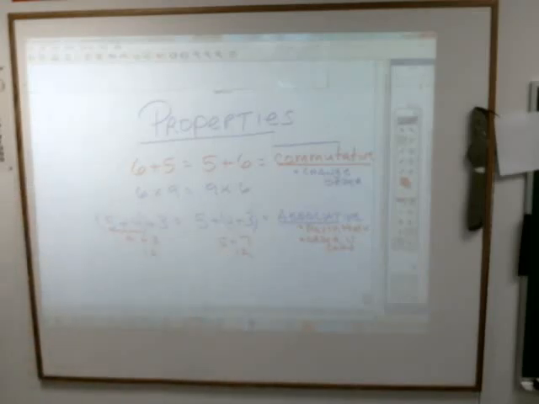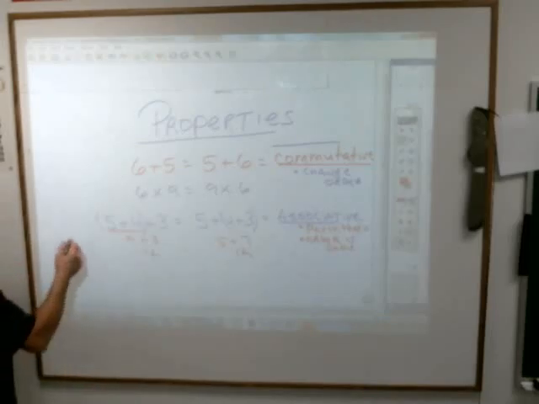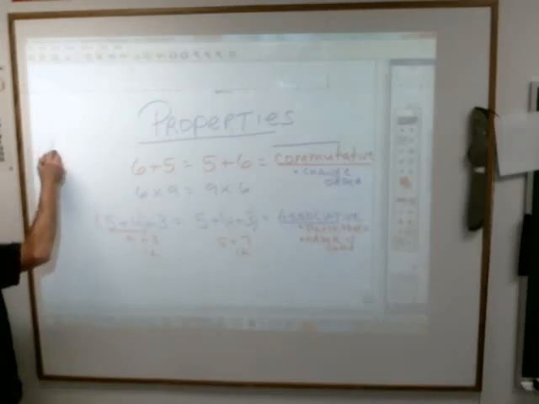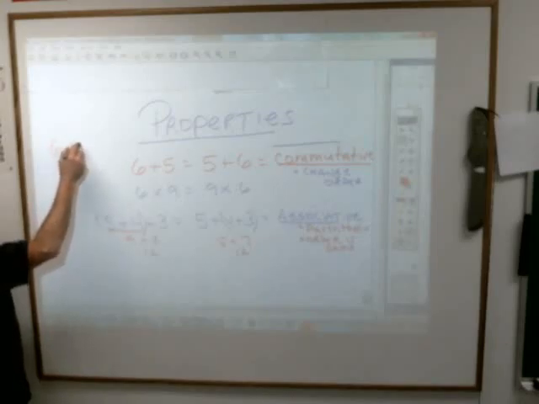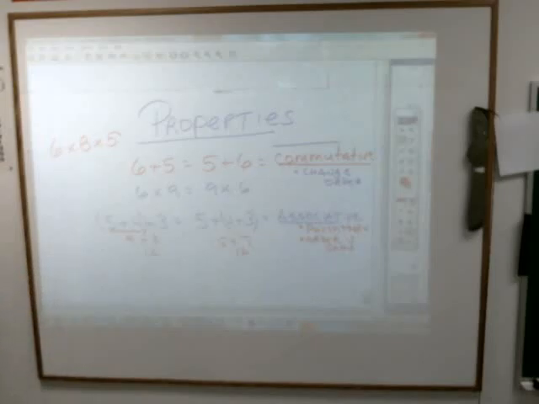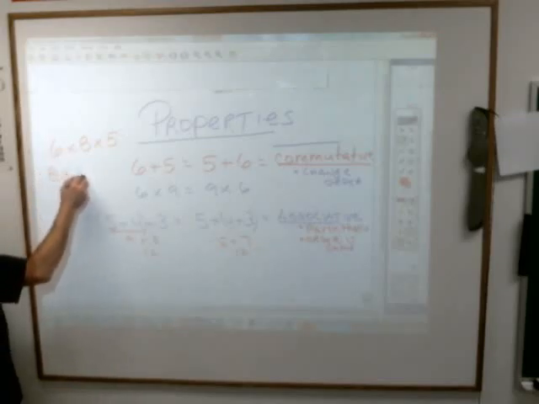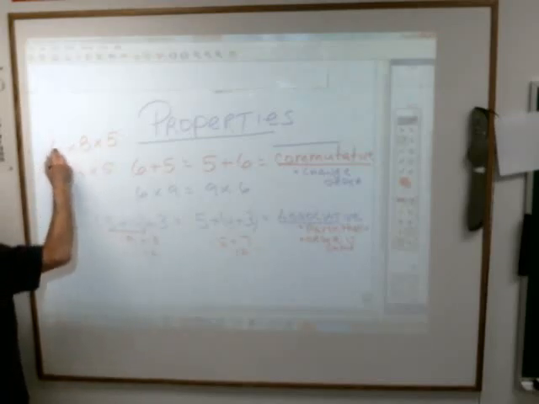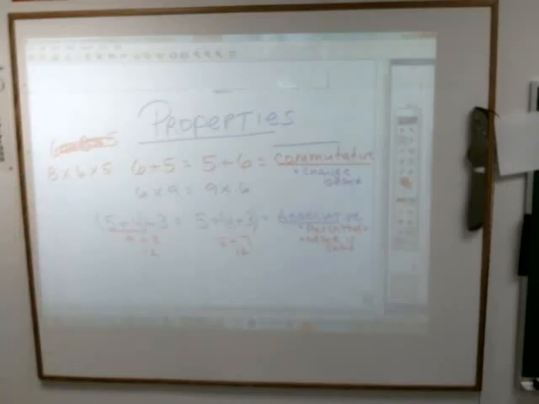And the associative property works for multiplication too. That is why when you have a problem that looks like this, 8 times 6 times 5, if you were doing that problem, which ones would you multiply first?